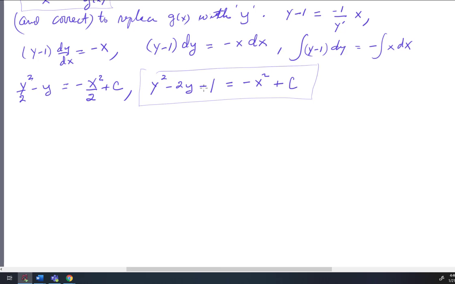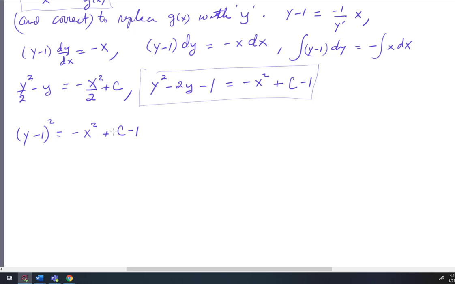Of course, if I'm going to put a negative 1 on the left-hand side, and I want to keep the equation balanced, which we always do, then I've got to put a negative 1 on the right-hand side. Now, what does this look like if I factor this? This looks like y minus 1 squared is equal to negative x squared plus c minus 1.